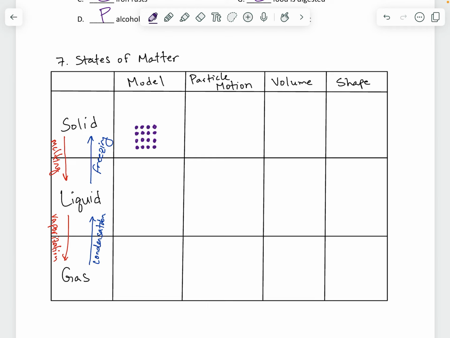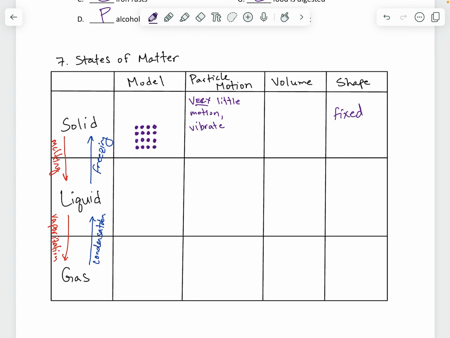Now, it does not mean that they don't move, because these are actually moving, but there is very little motion. Really, they just vibrate back and forth. They can't slip, they can't slide, they can't move past each other. They are locked in place, which again gives this its fixed shape, right? The idea of having a fixed shape means that it stays the way that it is.